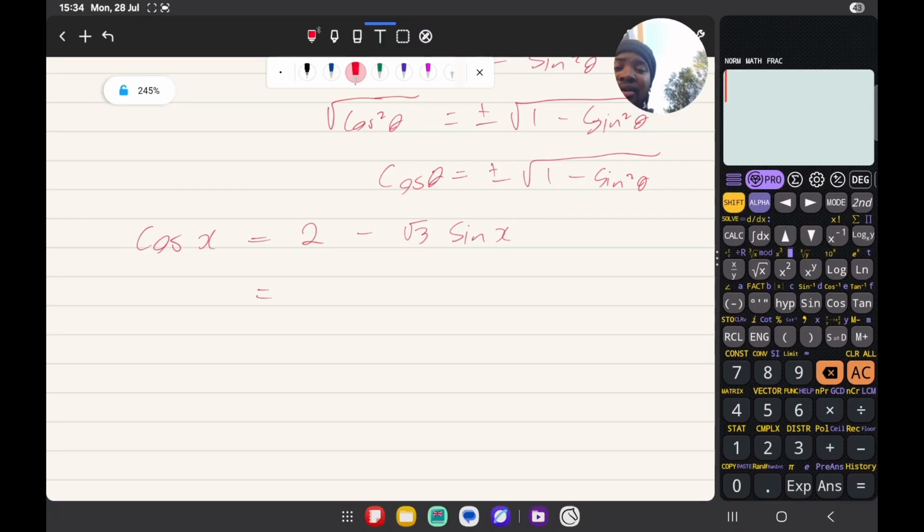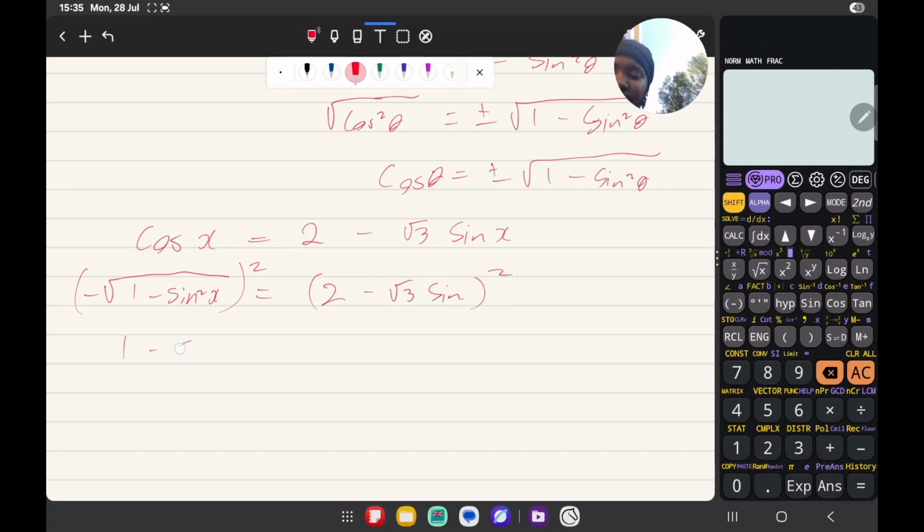I'm going to take the negative just to show it doesn't really matter: the square root of 1 minus sine squared x, then I square it. Remember, what you do on the left you also do on the right, so I square this side as well.